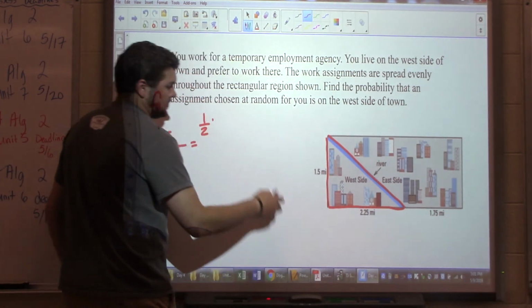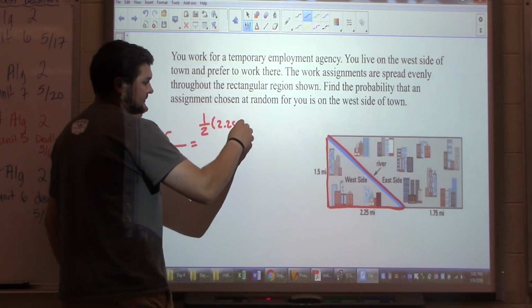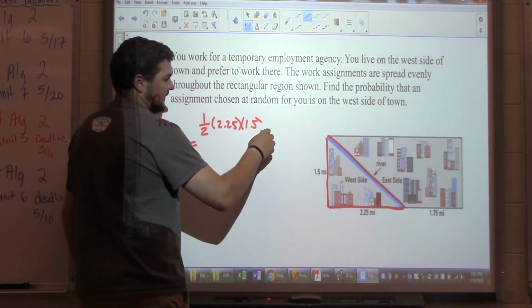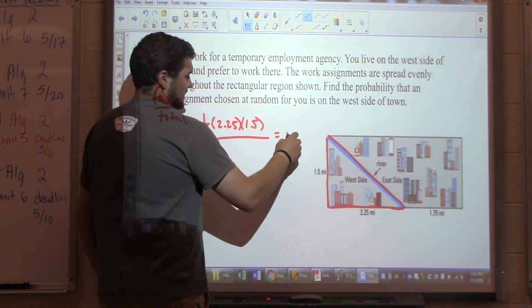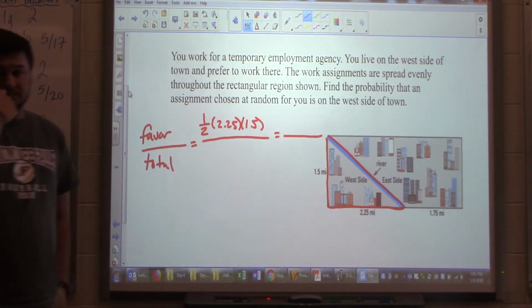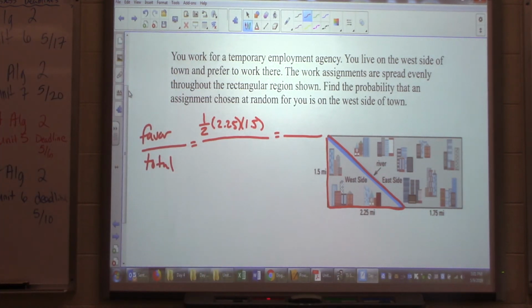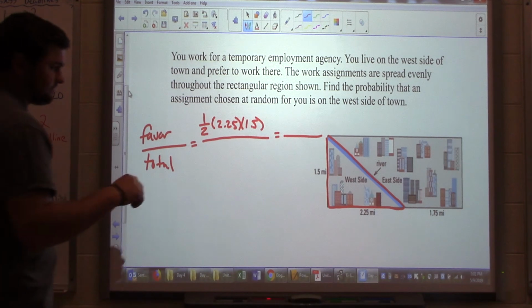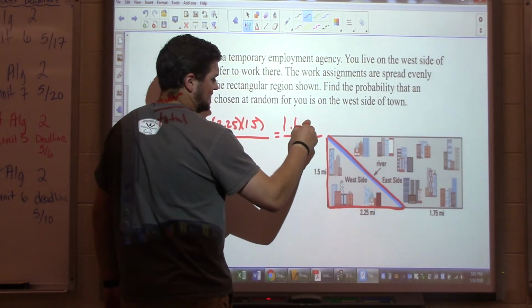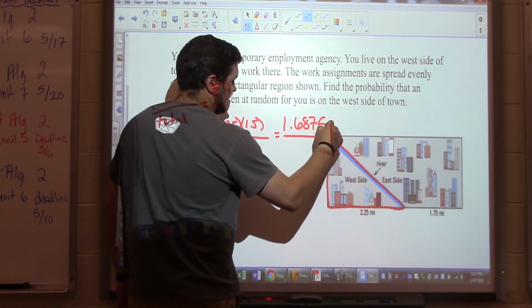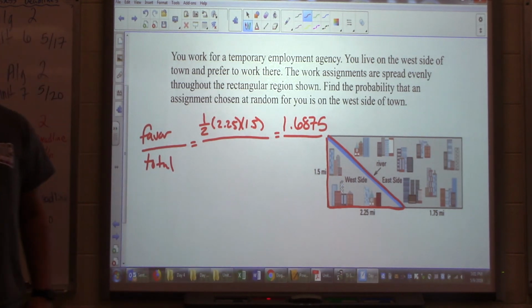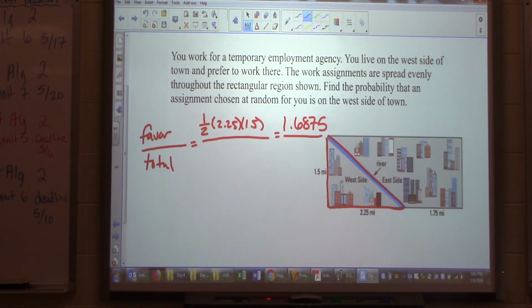Base of my triangle is 2.25. Height of my triangle is 1.5. Put that in our calculator, what do you get? 1.6875.